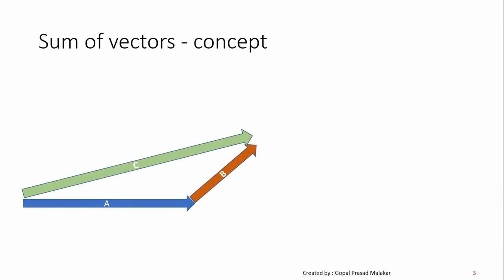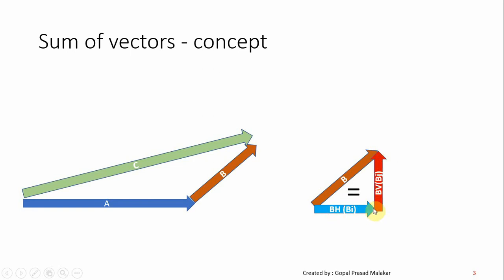Now let's extend it further. I told you that A and B give you vector C. So essentially A and B can be represented just by vector C. Similarly, B can also be represented by two vectors, Bi, which is the horizontal component, and Bj, which is the vertical component.